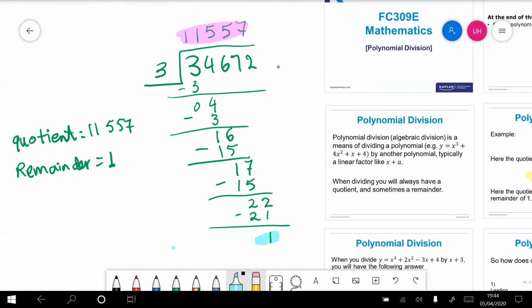Okay, so we're going to use exactly the same method, the long division, but we will use polynomial division. That means we're going to use a polynomial term and divide by a linear factor.